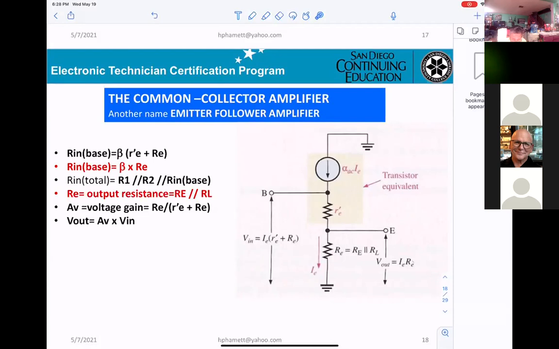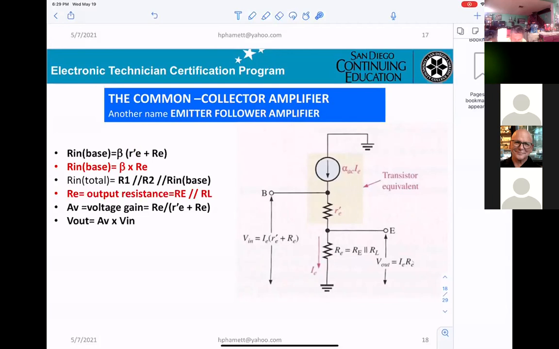You're looking at the wrong formula. I'm trying to see how come they remove that. Okay, because R prime E is too small.